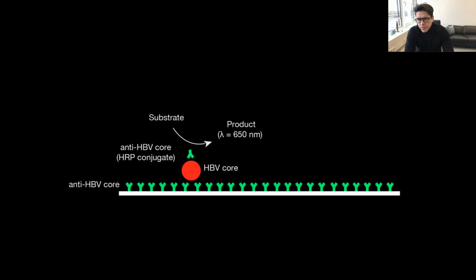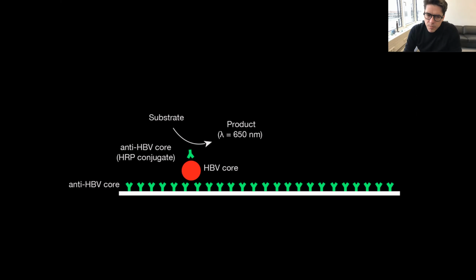The first one is entirely in vitro. We have here an anti-hepatitis B virus core capsid antibody, which we coated on the surface. You can think of this as a type of ELISA experiment. We wash a virus sample over the surface, and the viruses can get trapped by the antibodies.